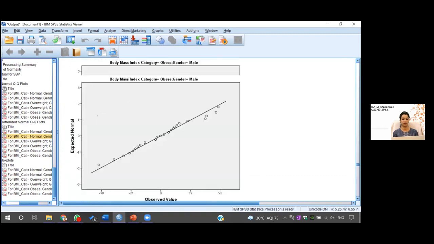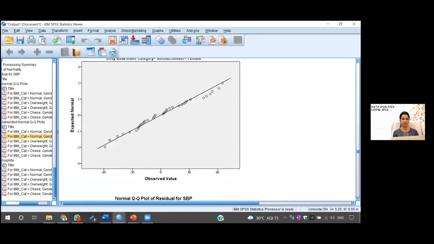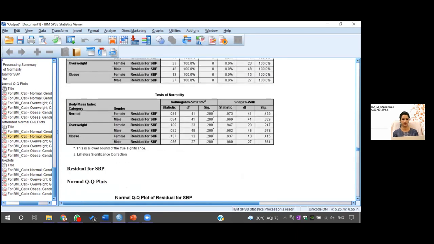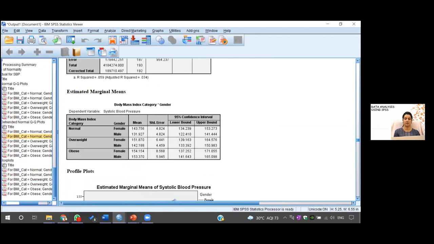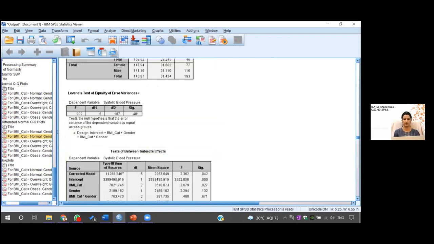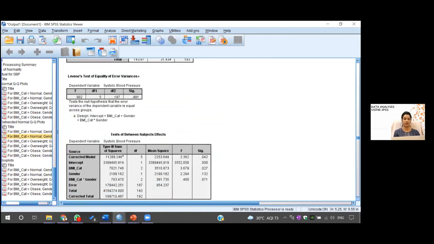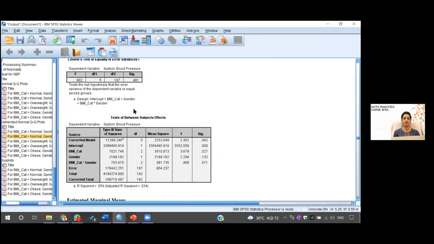Where was that table? Before this analysis, yes, it is here. If you go up, this is the test between the subjects, right? So here you can see that there is a significance. You have to focus on this significance table, and you have to see whether this gender and BMI interaction, what value of significance it is leading to.